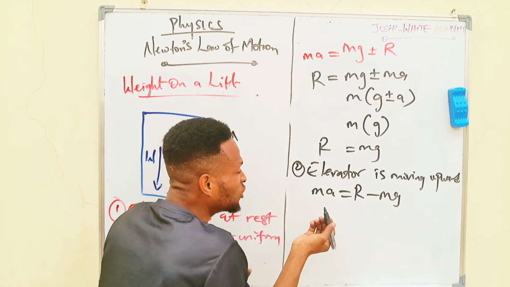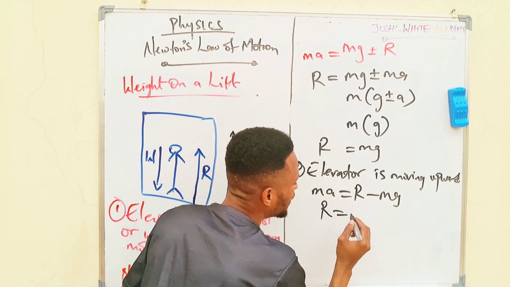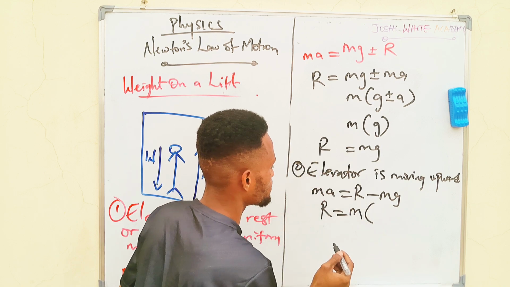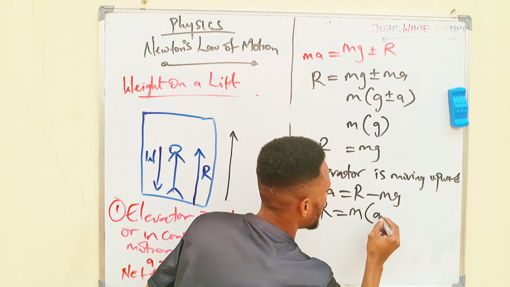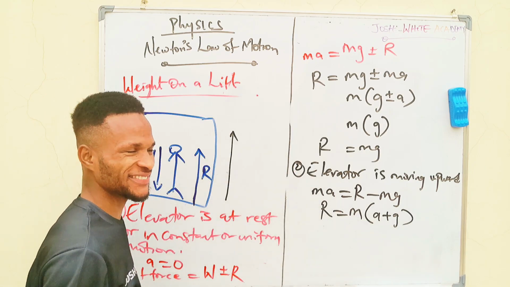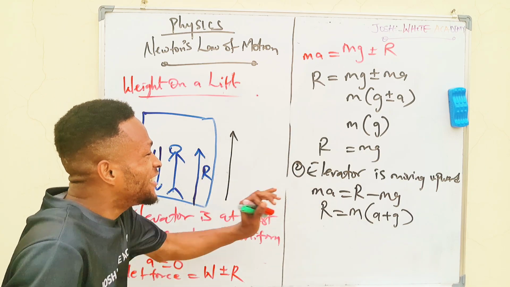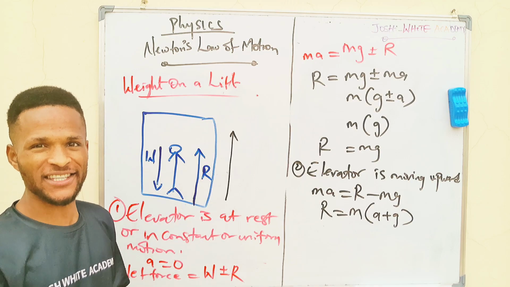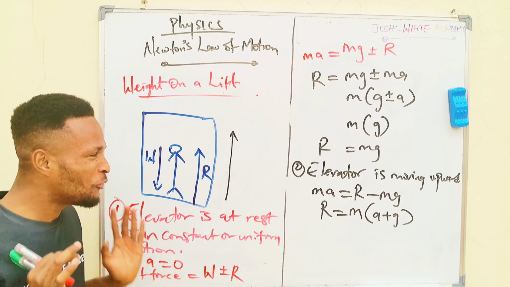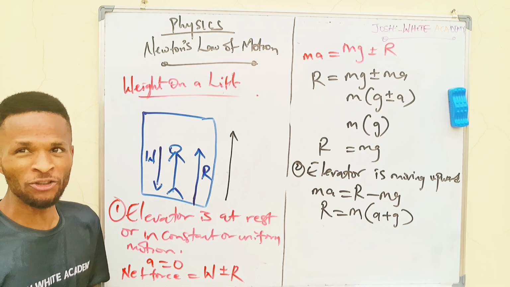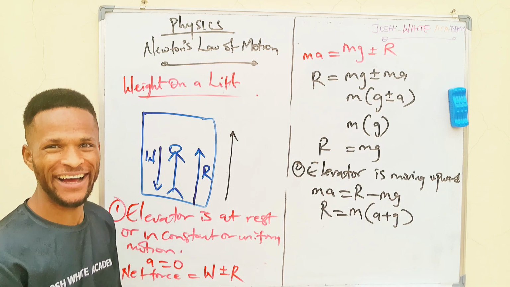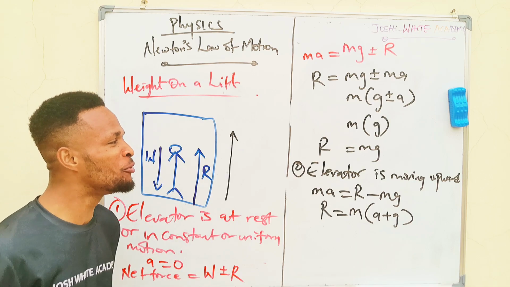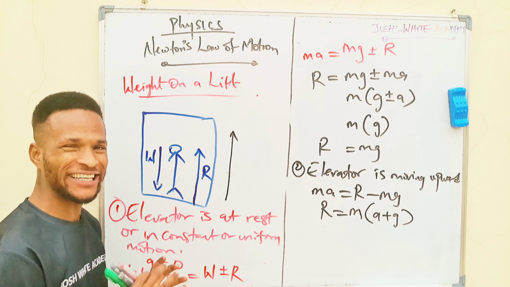So in simple terms, this will give you our R to be m(a plus g). So this person in this moving elevator will experience more weight than his actual weight. So the person will feel heavier than normal if the elevator is moving upward at a particular acceleration.